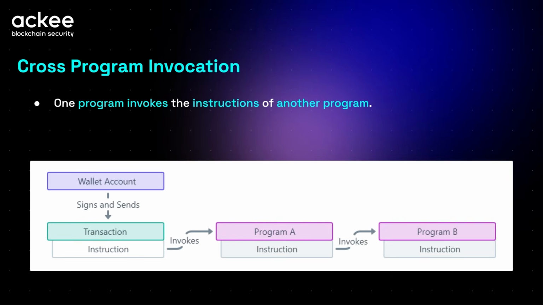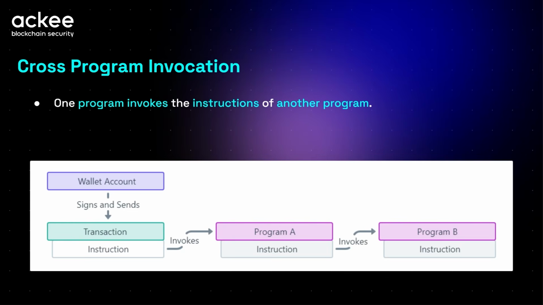Let's consider the picture. On the left-hand side you have a wallet account, a regular key pair, for example, which signs. It is a regular key pair, as once again it has the corresponding private key. You take the wallet account, sign a transaction and send the transaction to the network. This transaction contains one or more instructions, and what it does is it invokes program A on the validator.